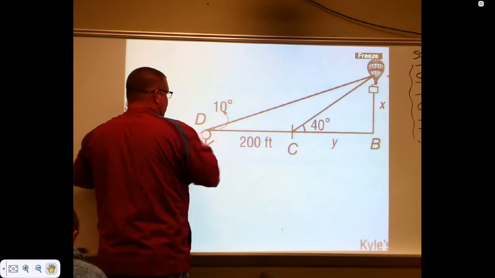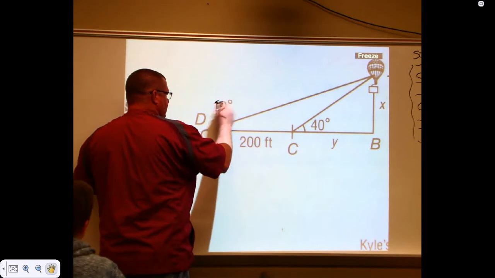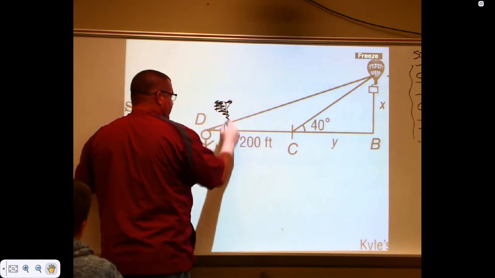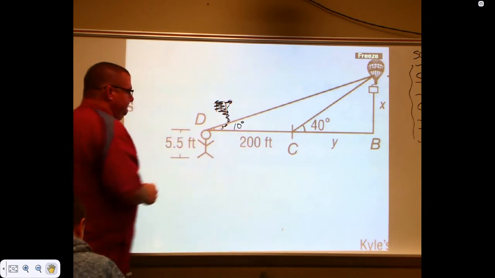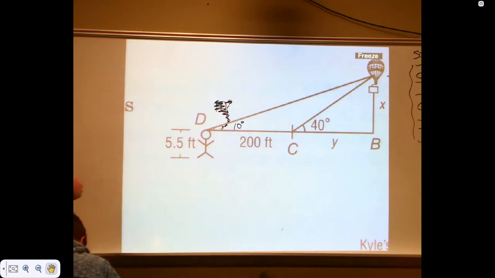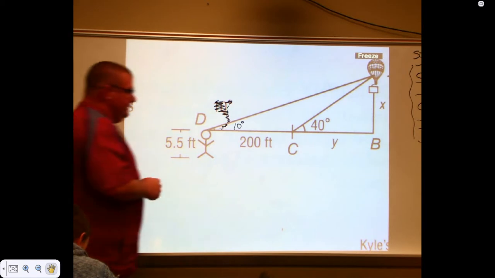I would rather get rid of this, the reason they did that is because it's so small on the paper. But it's big enough up here where we can write 10 degrees right here. They want to know how far off the ground the balloon is, correct? So we've got to find x.